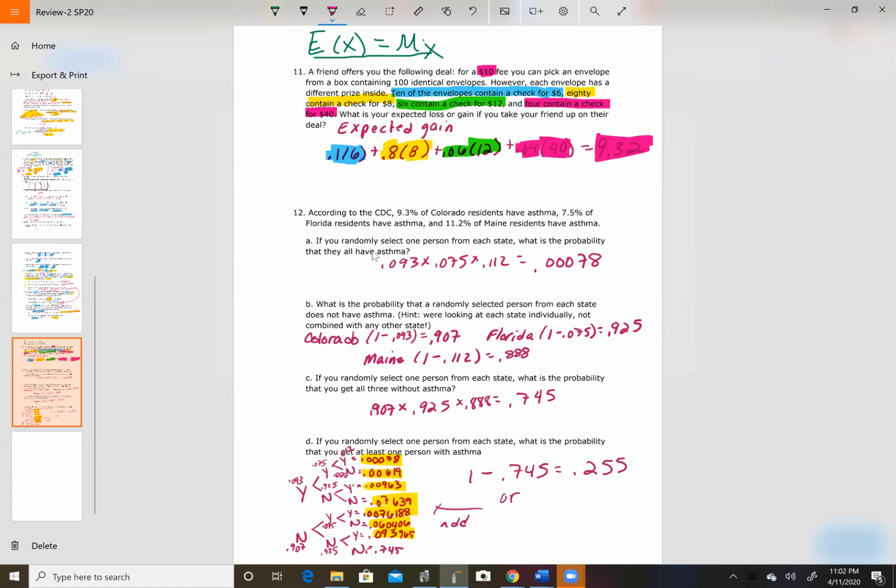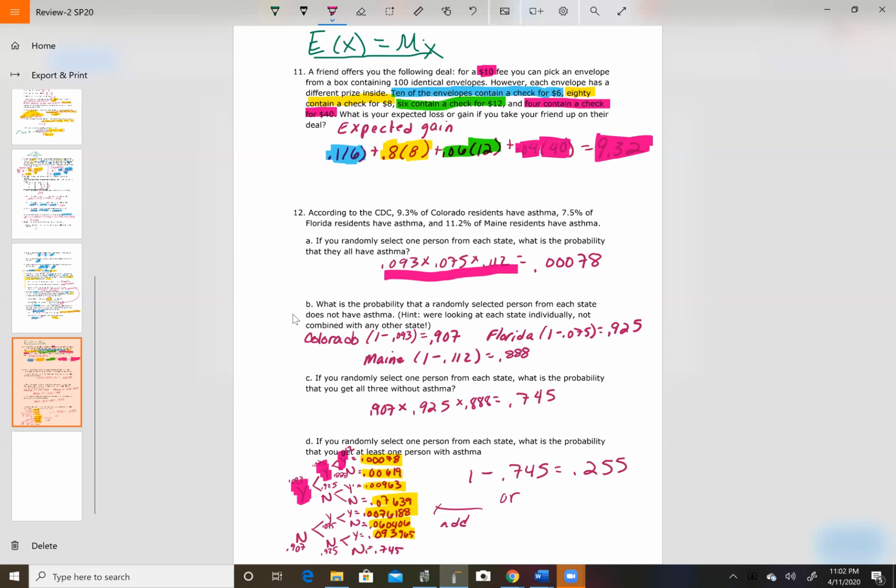If you randomly select one person from each state, what is the probability that they all have asthma? So that would be, if you look down here at my tree chart, it would be Y and Y and Y, and you just multiply their probabilities together and you get approximately 0.078% that they all have asthma.